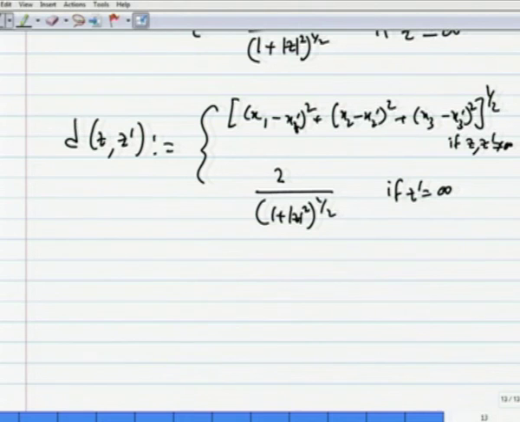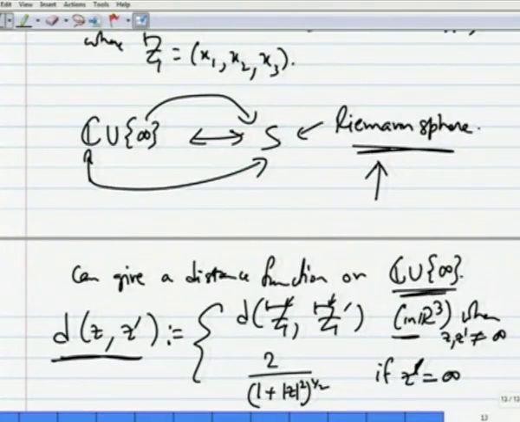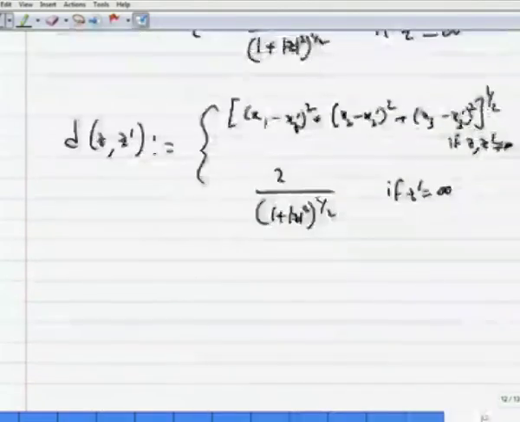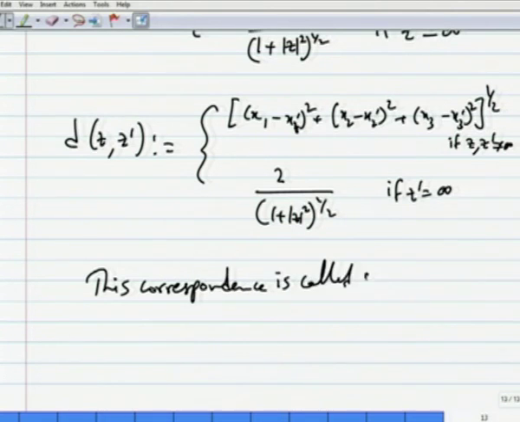So, this correspondence, this structure on C union infinity, is often called the Riemann sphere structure, and this correspondence along with this distance is called stereographic projection.